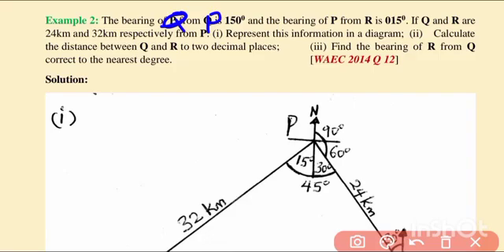That's the first part of the question. In part 2, we have to calculate the distance between Q and R to 2 decimal places, and in part 3, we have to find the bearing of R from Q.